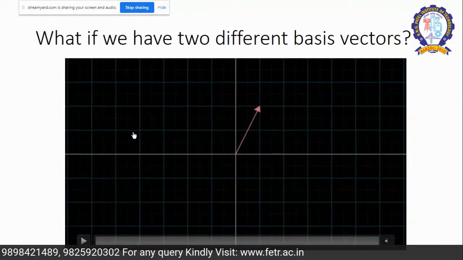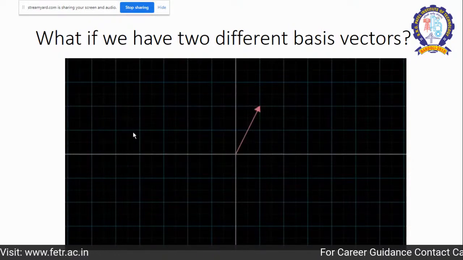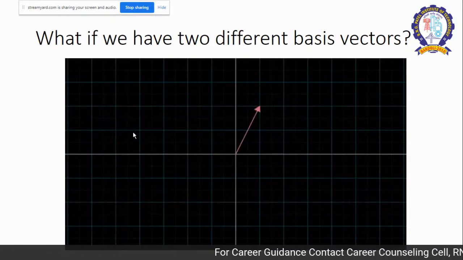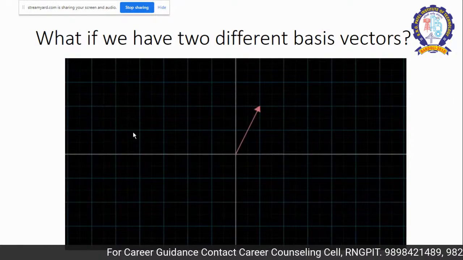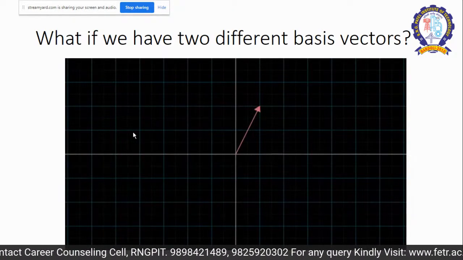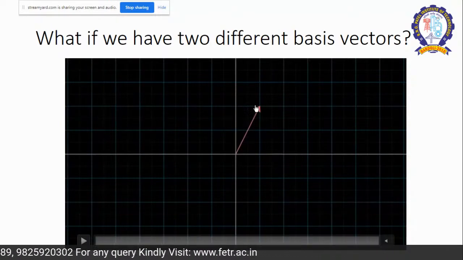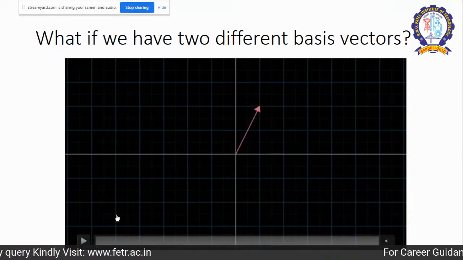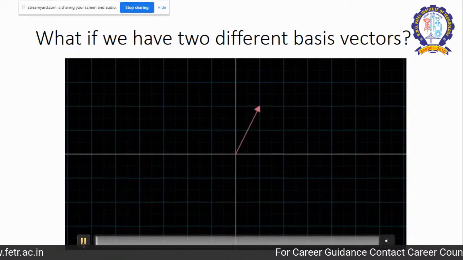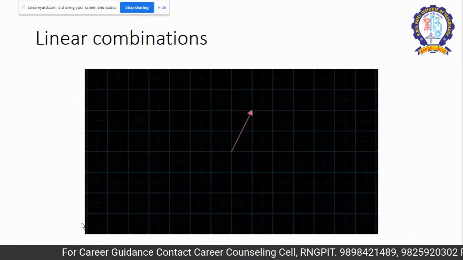Now, generally we are just dealing with the two basis vectors. They are perpendicular, and we always consider them as the coordinate axes. But suppose we have two different basis vectors and they are not on the axes, so what happens? This is one vector, and this one is another vector.